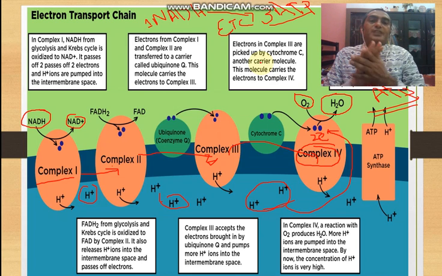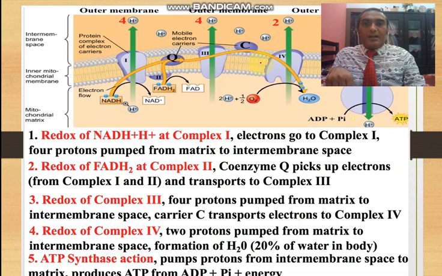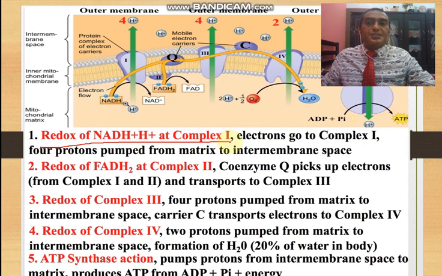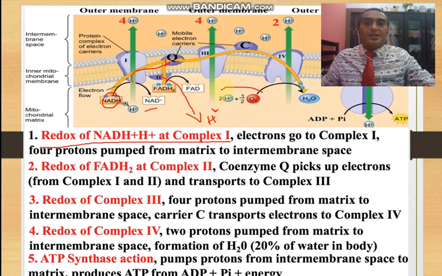Then complex 2 to complex 3, then complex 3 to 4, and then it produces ATP. Again, keep in mind it is a redox reaction system. Redox reactions occur at the complexes. NADH releases electrons and hydrogen ions are removed out. These hydrogen ions are utilized again in further processes.